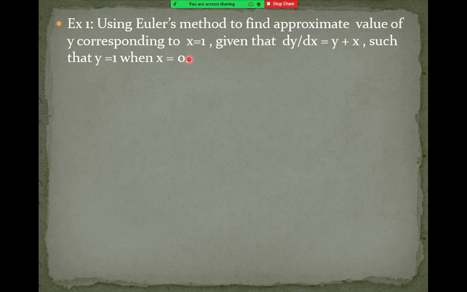Okay, so here I take n equal to 10. If n is 10, can you tell me what is the value of h? So 0.1. Correct. Sir, if n's value is different, would the answer be different? Yes, obviously the answers are different, but they are approximate answers.